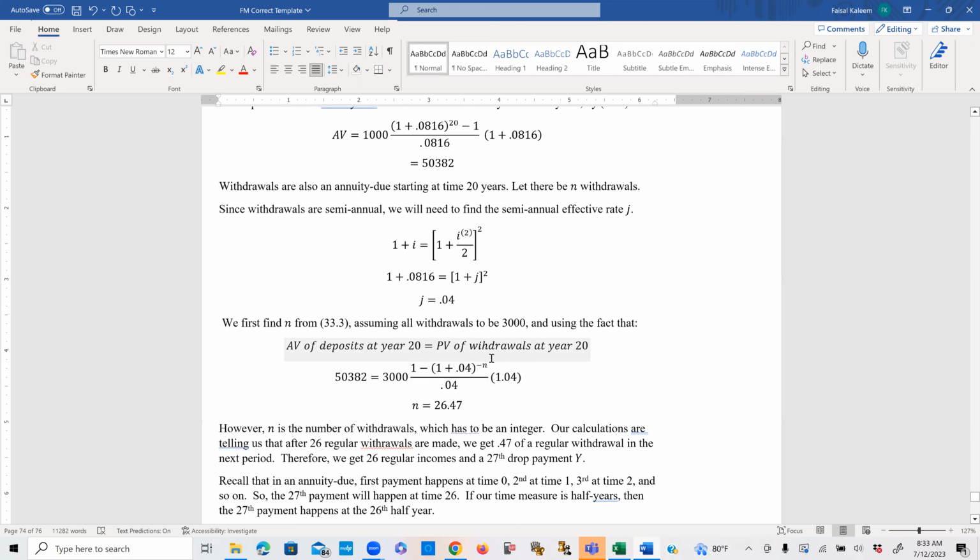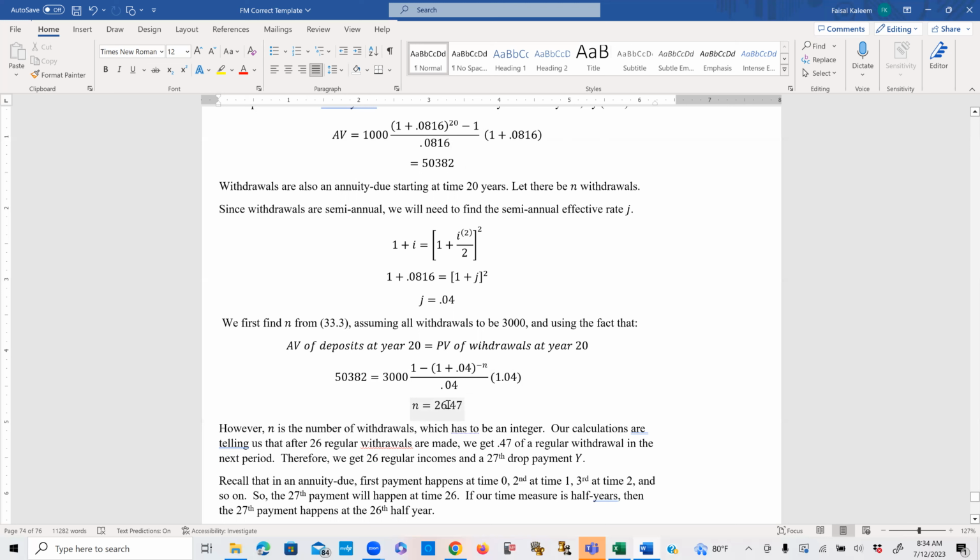The present value of withdrawals at year 20, by the annuity due formula, is 3,000 times (1 - (1 + j)^(-n)) over j, and then times (1 + j) because this is an annuity due, using the semi-annual effective rate j because withdrawals are semi-annual. So n comes out to be 26.47, but n, the number of withdrawals, has to be an integer.